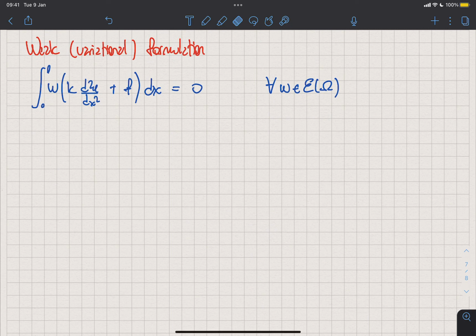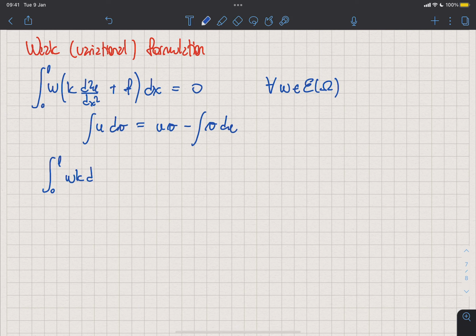Yeah, so again, we do integration by parts. And so my term here, well, I can actually just do it straight away here.